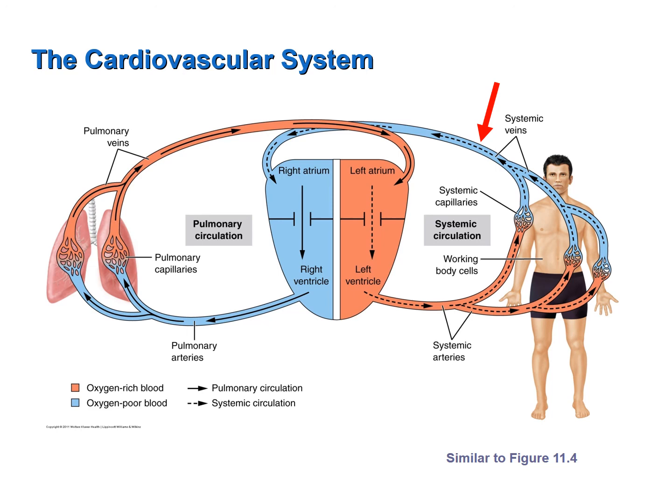There, oxygen is unloaded and made available to the tissues, and carbon dioxide produced by the tissues is loaded onto the blood. The deoxygenated blood is then transported back to the heart through systemic veins. The systemic arteries, systemic capillaries, and systemic veins constitute the systemic circulation.